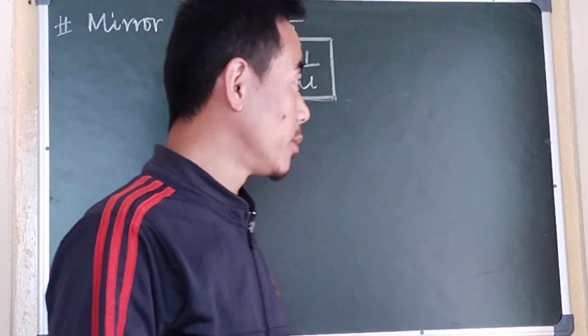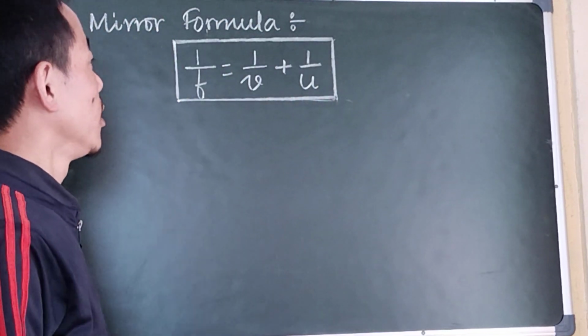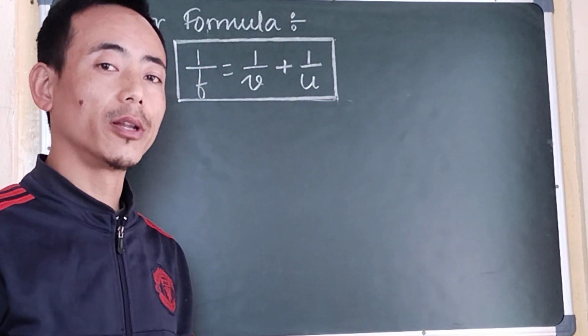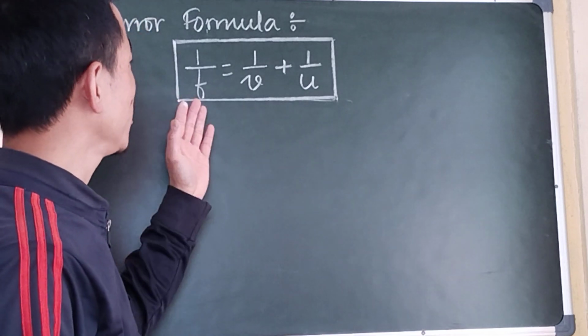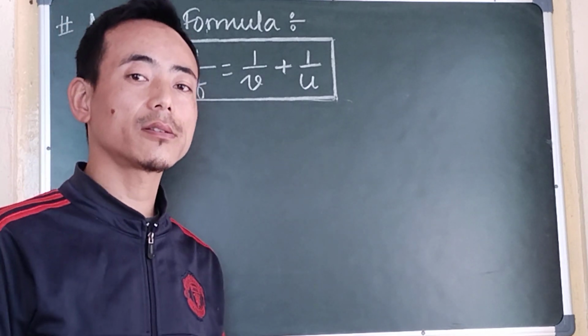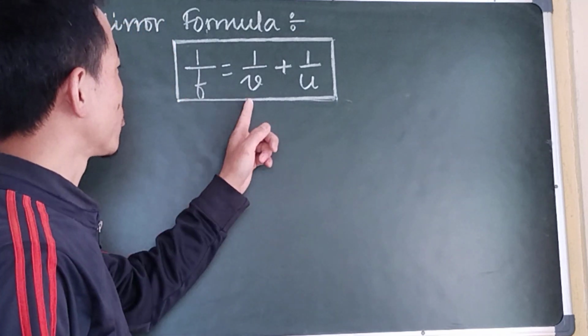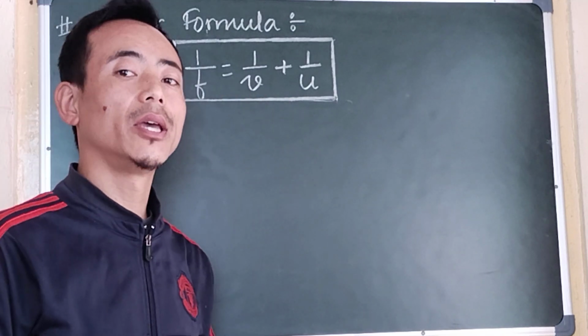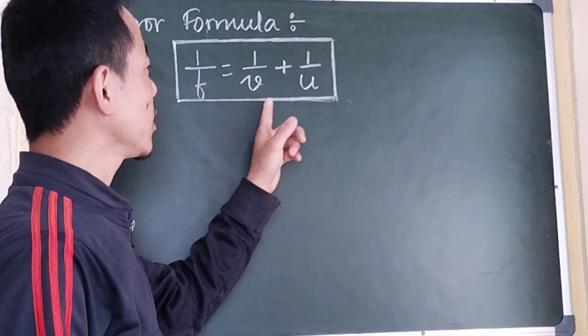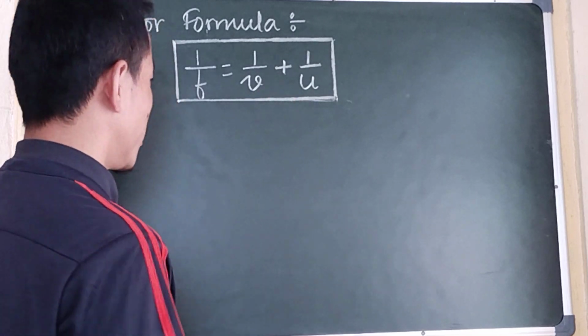So here in the board you can see the formula, which is called the mirror formula, and the relation is between the focal length, object distance and the image distance. And the relation is 1 by f is equal to 1 by v plus 1 by u. So here the first thing that you have to know is the terms.